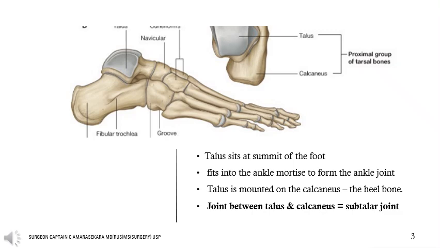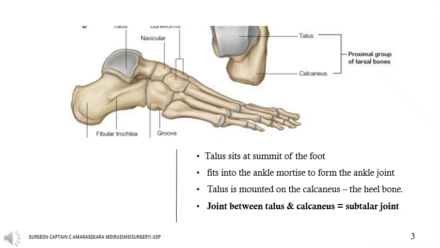The talus sits at the summit of the foot and fits snugly into the ankle mortise. We already discussed the arrangement of the ankle mortise. The talus fits snugly into the ankle mortise, forming the ankle joint. This articulation is crucial for dorsiflexion and plantar flexion.